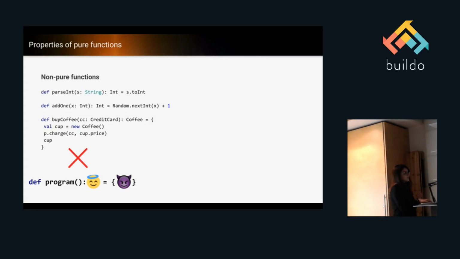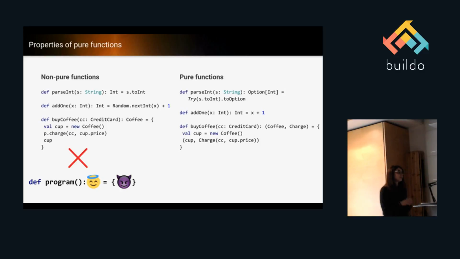So we need to make those non-pure functions pure functions. Now parseInt will return an option of int, which makes sense: if we have a value which contains no numeric value, we will get none. And if we have a string which contains only numeric characters, we will get our integer.